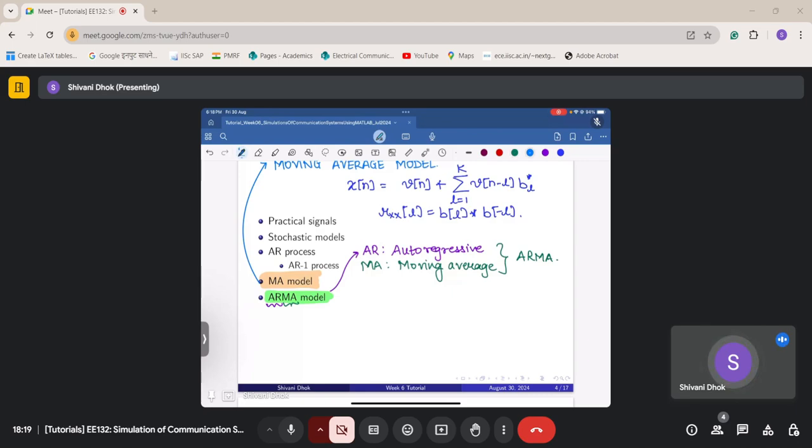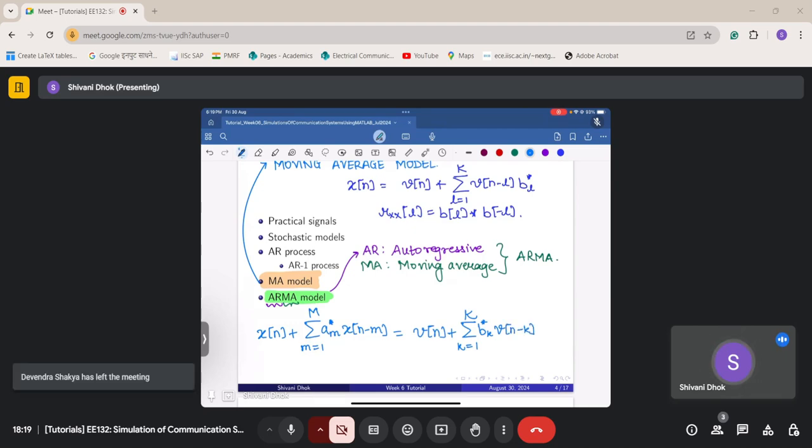So what it says, or the difference equation for this particular thing, is something like this. We have x of n plus m previous instances, or weighted instances, of output, and this is equal to your input at the current instant plus previous k instances, or weighted instances, of your input noise or input white process.